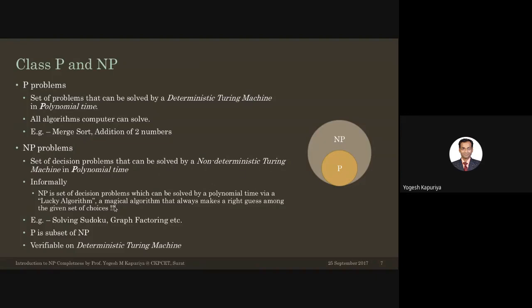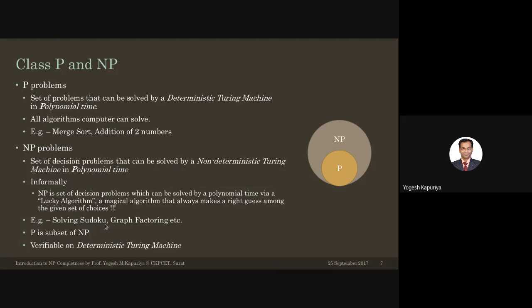But because the algorithm was magical and you were lucky, you got the right answers. But that is actually theoretical only. You can't have it every time. So every time you will not be able to get the desired answer in this case. That's why it is known as an NP problem, or it's kind of an unsolvable problem.